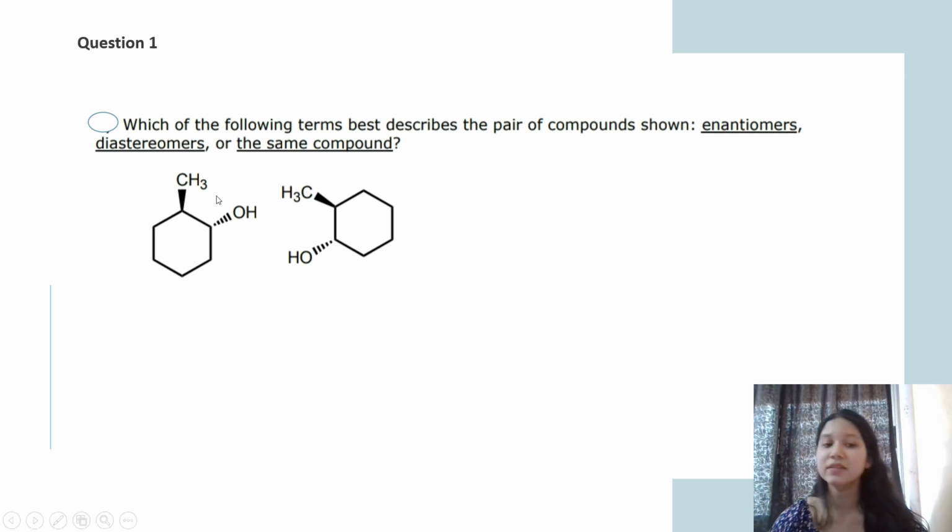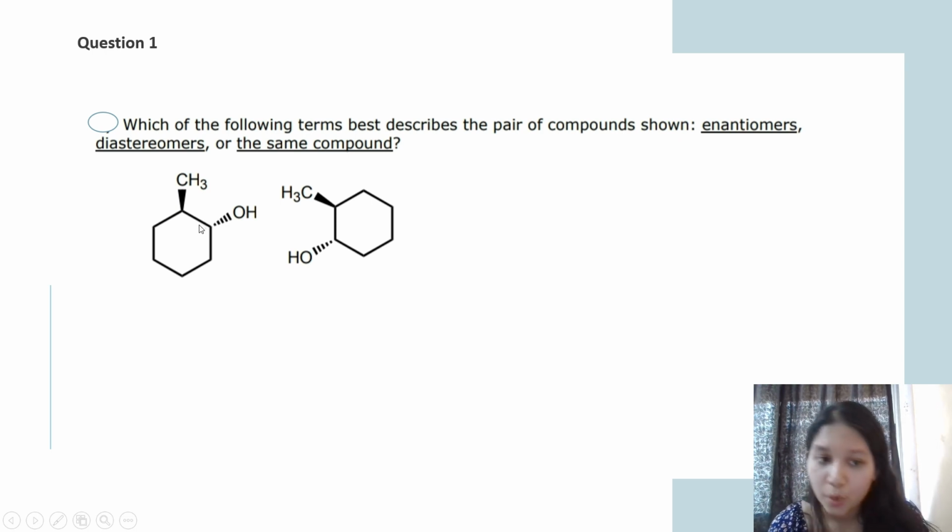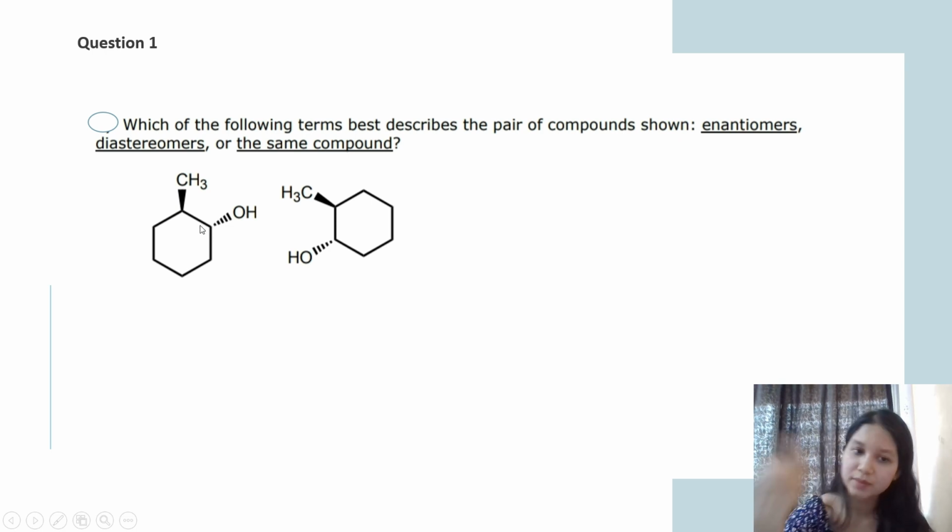So we have assigned the four substituents present in this carbon center as 1, 2, 3, and the fourth substituent will be below the plane, hydrogen, 4. So if we move from 1, 2 to 3 to 4, and the fourth is below the plane, we are moving in a clockwise direction.